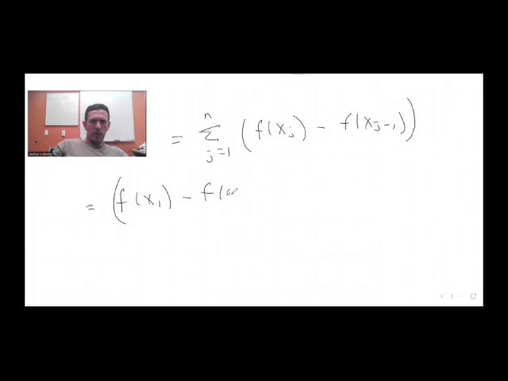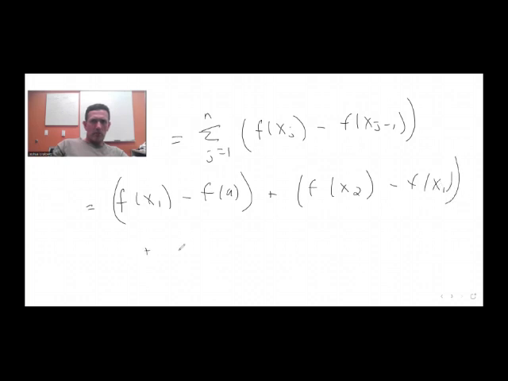So this is going to be equal to the sum of f of xj minus f of xj minus 1. And this is a telescoping sum. I'll just write a few of these out. j equals 1: f of x1 minus f of x0, which is a. Then f of x2 minus f of x1.